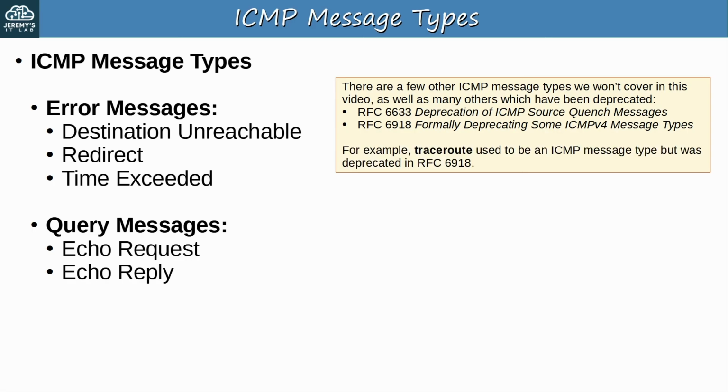An example of a deprecated ICMP message type is traceroute. It used to be an ICMP message, but it was deprecated in RFC 6918. I'll make a short lesson about traceroute and how it works as a separate video. Now let's look at these different message types.